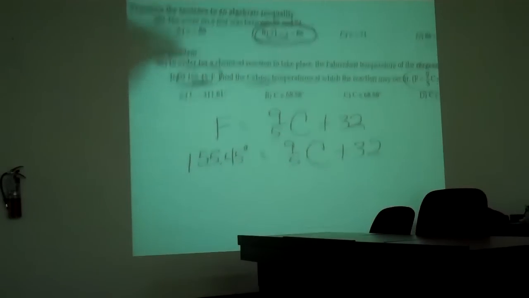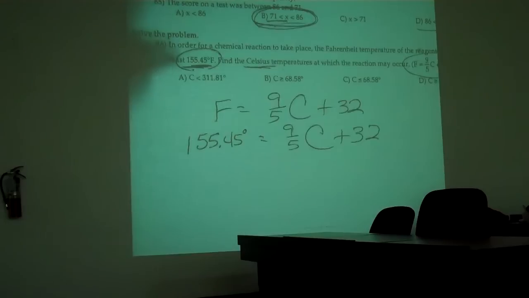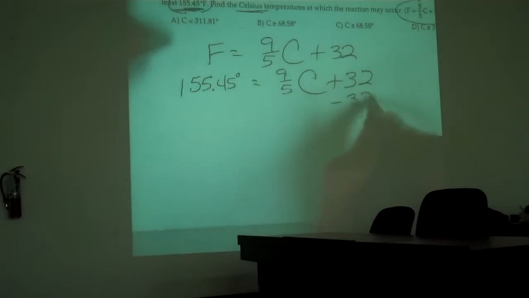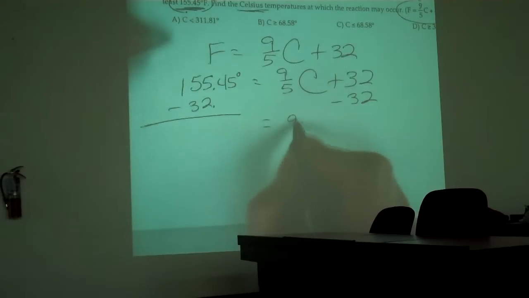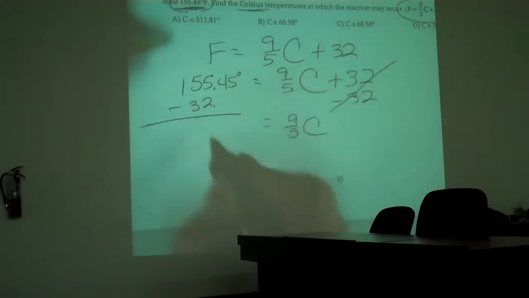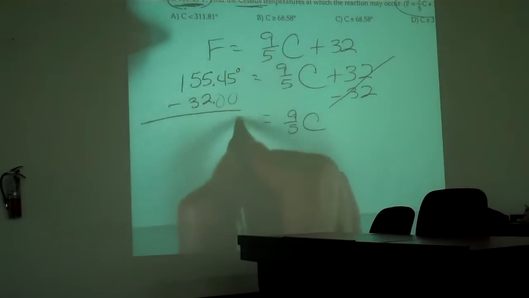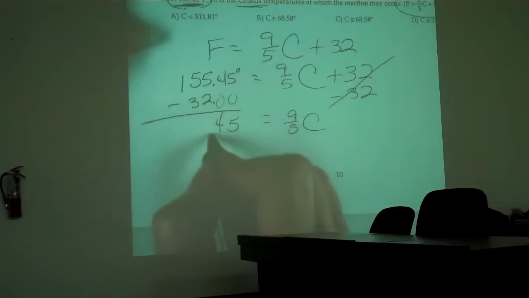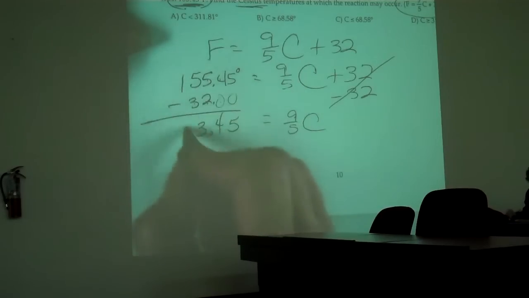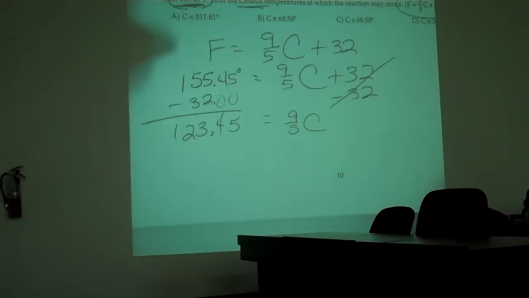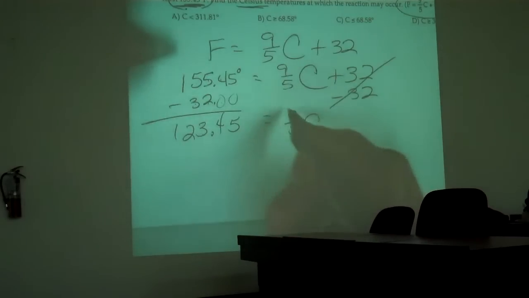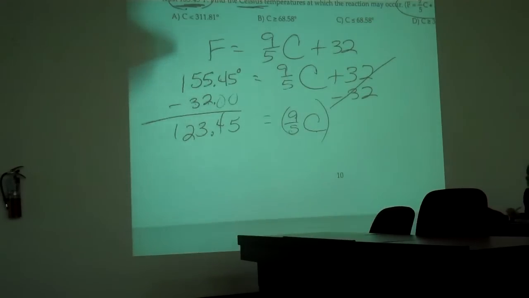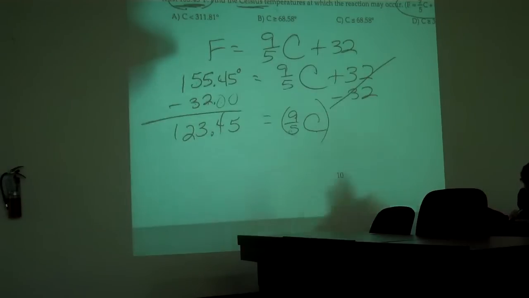So the first thing you're going to do is subtract 32, right? Line up your decimals. Okay, so put your zeros, 5 minus 0, 4 minus 0, 5 minus 2, 5 minus 3, and 1. So 123.45 is 9/5 of the Celsius. So multiply by the reciprocal.